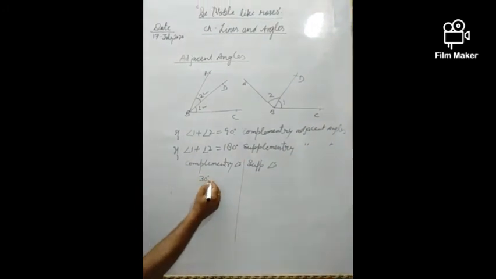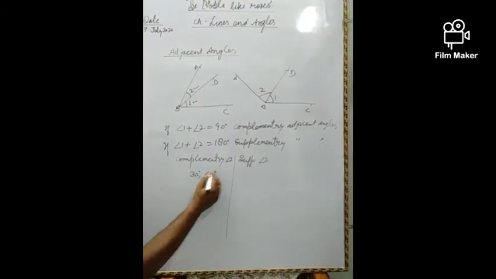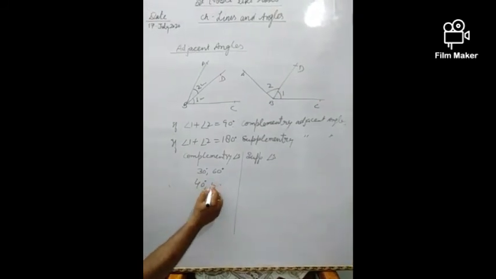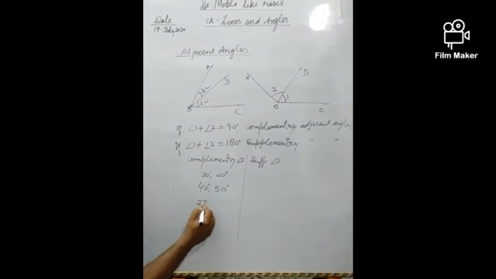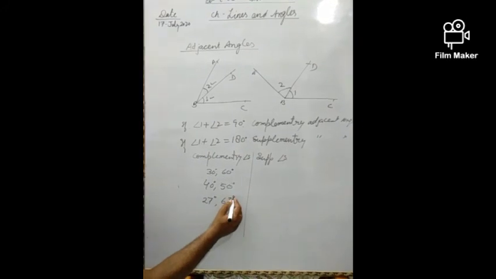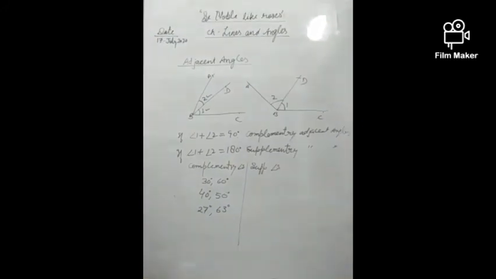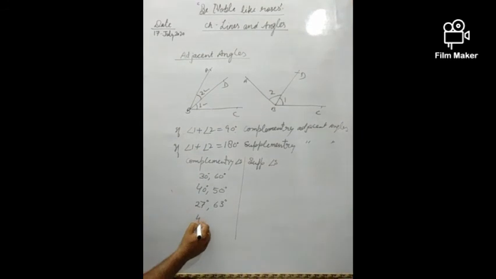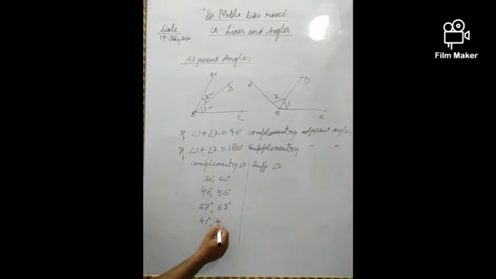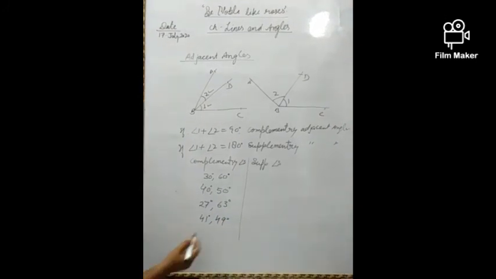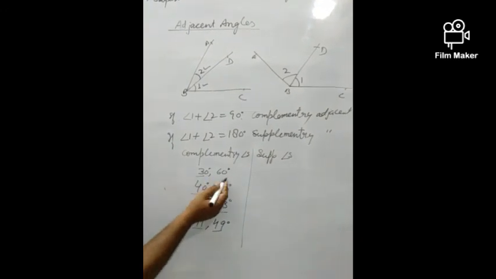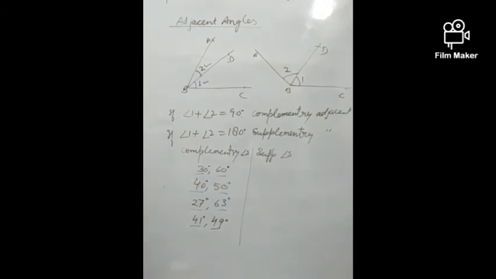You may take 30 degree and 60 degree, 40 degree and 50 degree, 27 degree and 63 degree, right? You may write so many, 41 degree and 49 degree. If you find the sum of each pair, it will come to 90. So many pairs can be written in such a way.